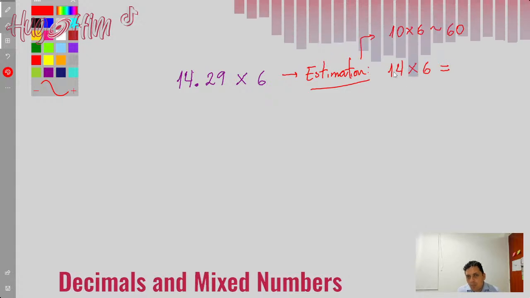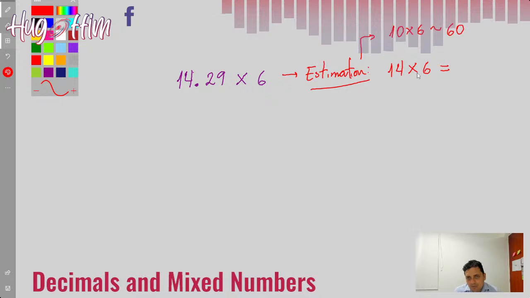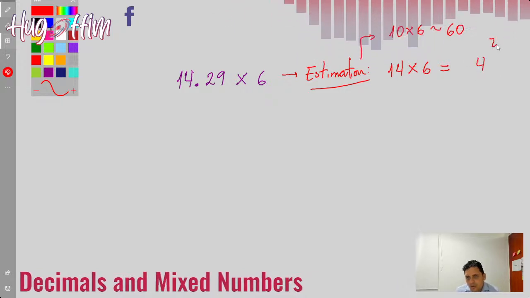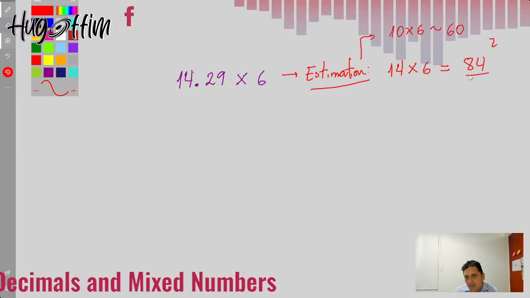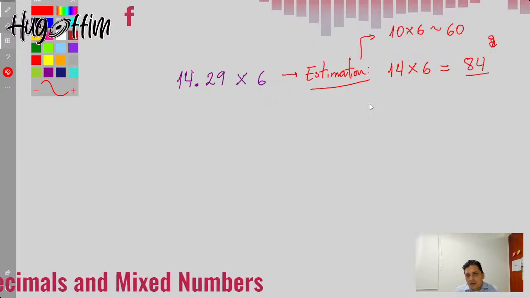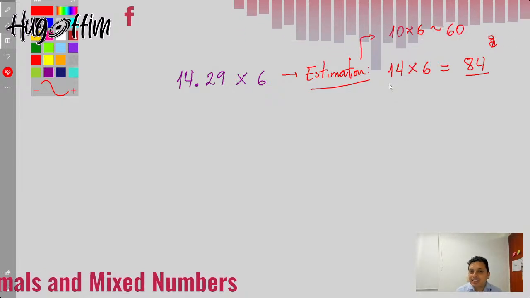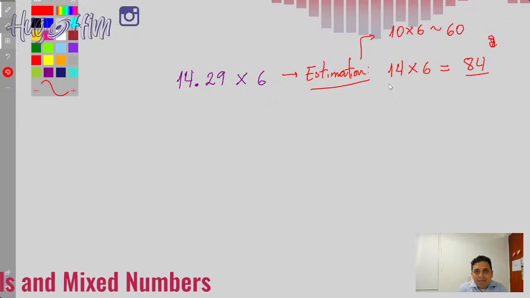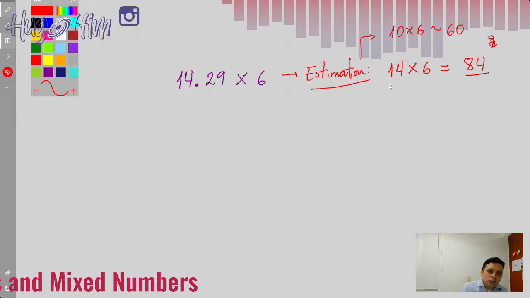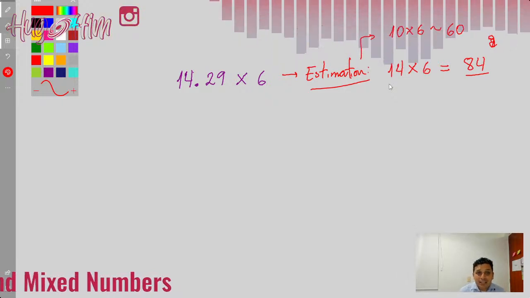So if you want to be more precise or more accurate in your estimation, multiply 6 times 14. 6 times 4, 24. 6 times 1, 6. And 2, 8. 84. The objective of the estimation is that you know where to place the decimal point without thinking of how many places I need to move my answer. This is the objective of the estimation.